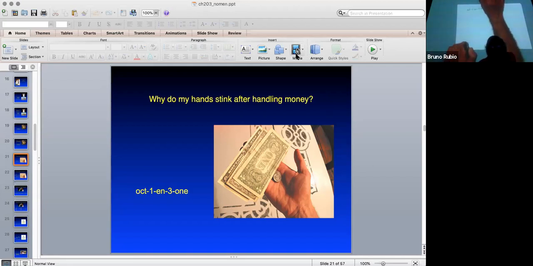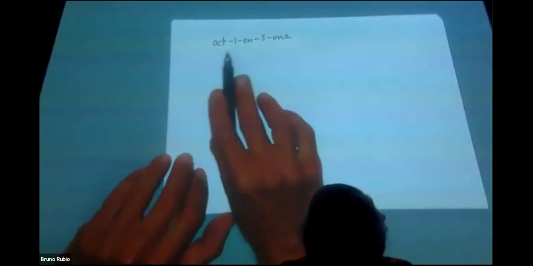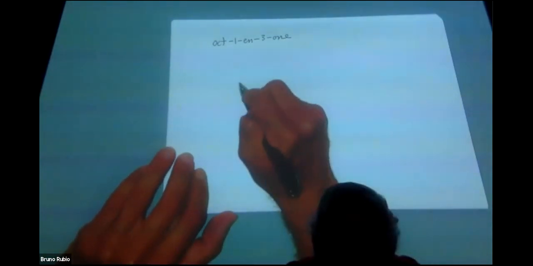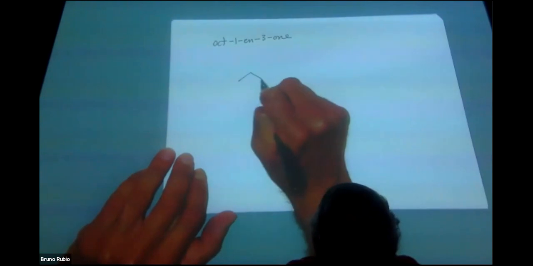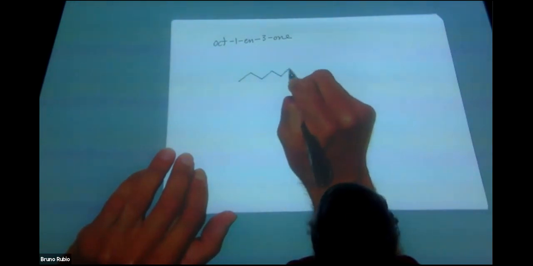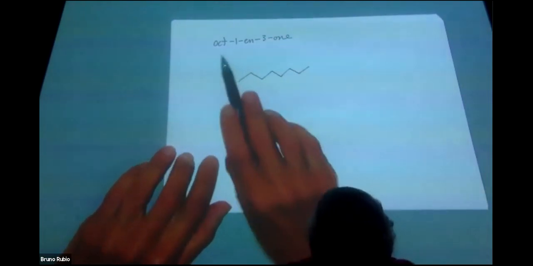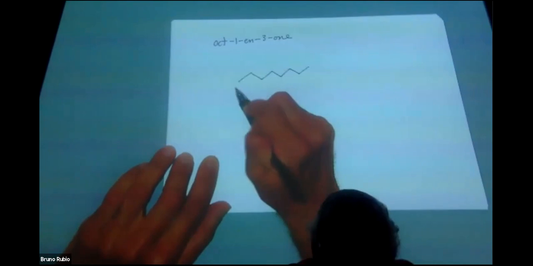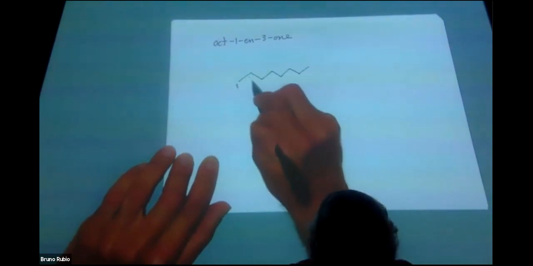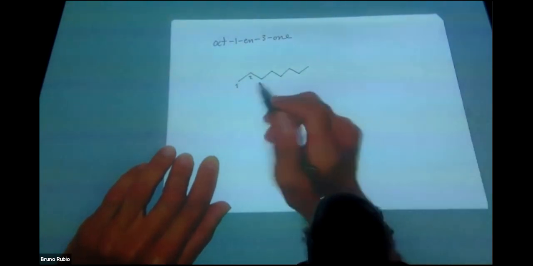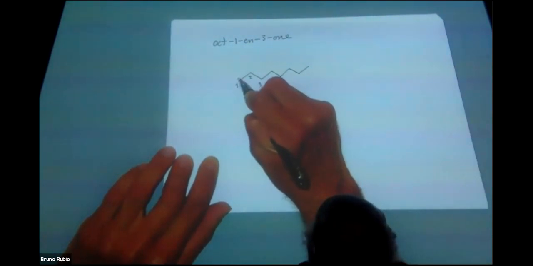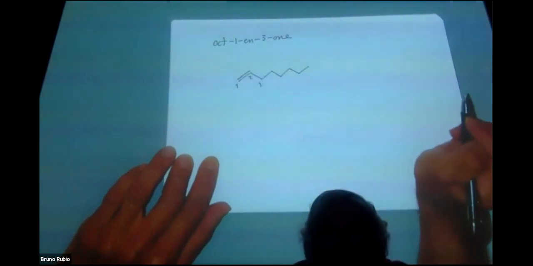Okay, so let's cook up the structure of this name. Okay, so what's the parent? Oct, 8 carbons. 1, 2, 3, 4, 5, 6, 7, 8. 1-ene is telling you that, okay, so numbering the carbons here, 1, 2, 3. 1-ene is telling you there's a double bond that begins at 1 and goes to 2.